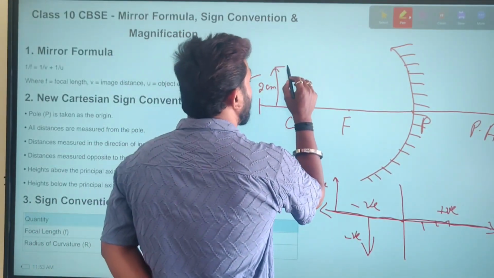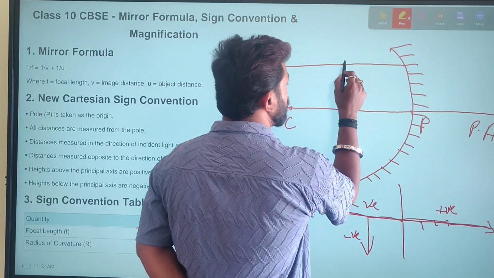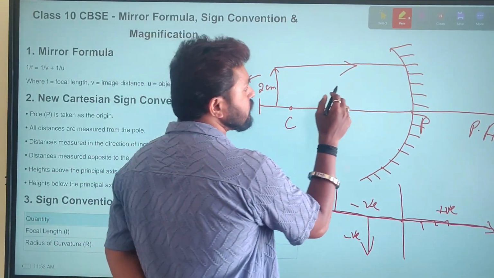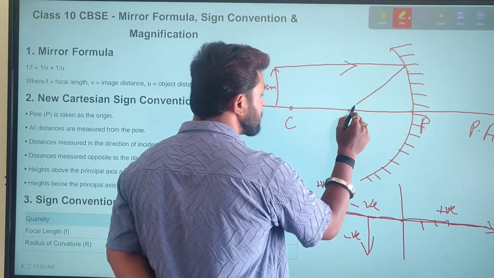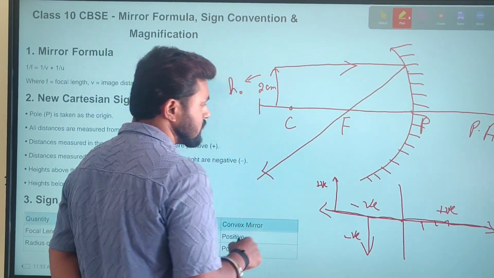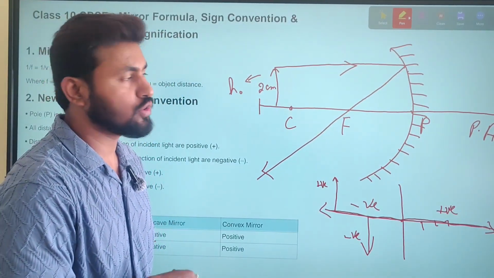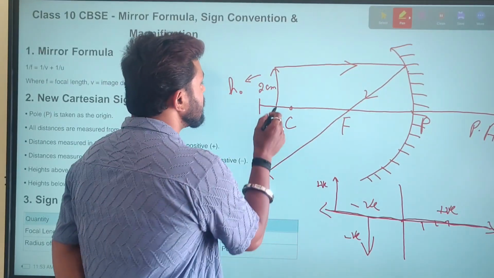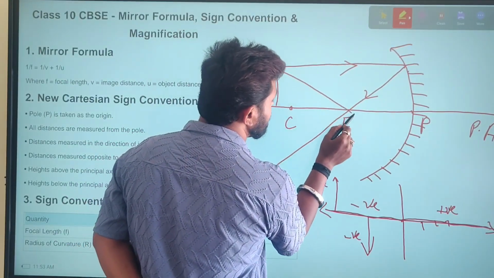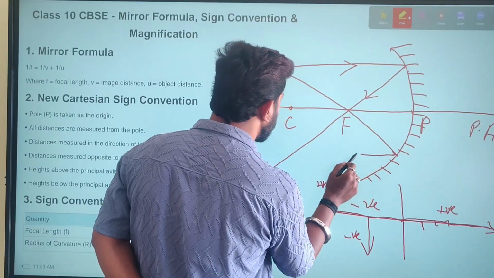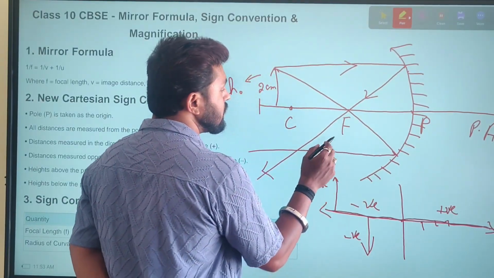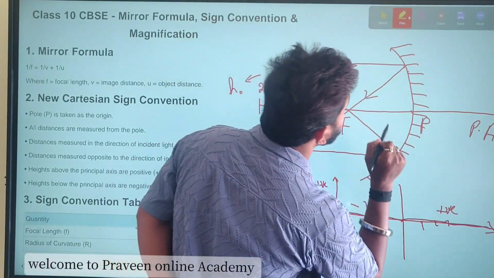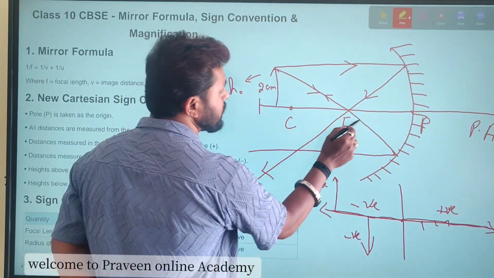Now an incident ray goes on top of it, and after striking the mirror, you know that it will pass through the focus. Again, the second rule is that whenever an incident ray passes through the focus, after striking the mirror it will go parallel to the principal axis.